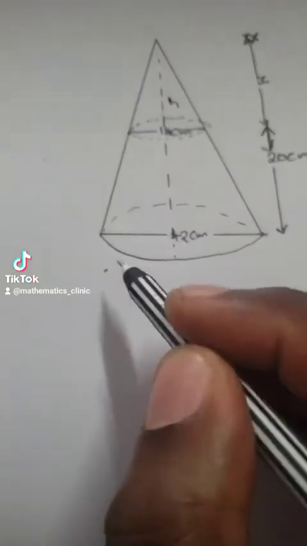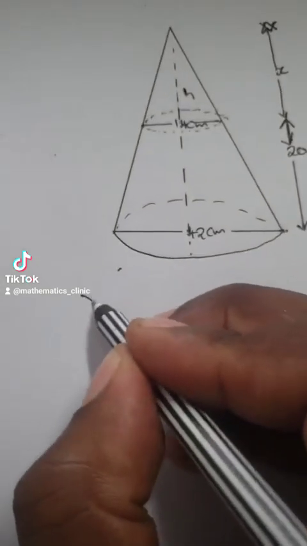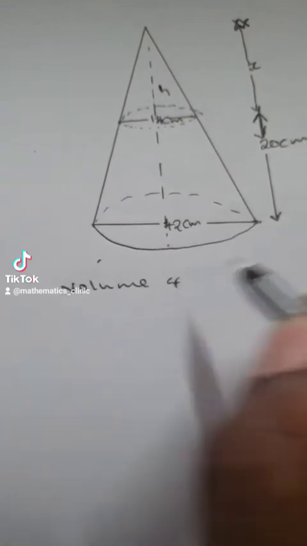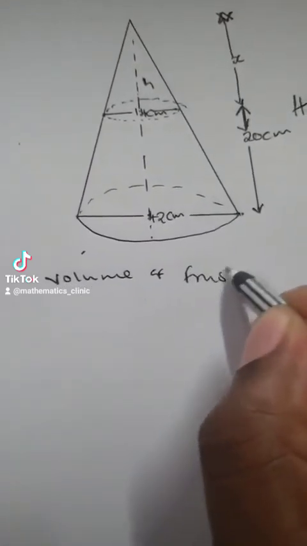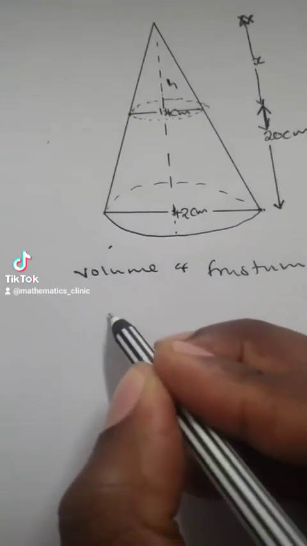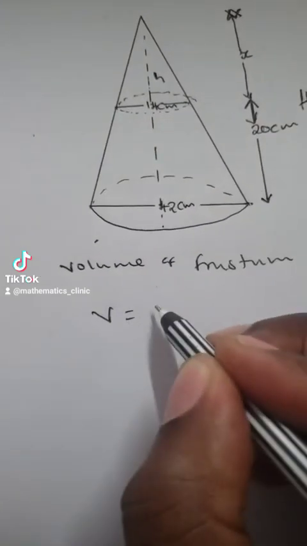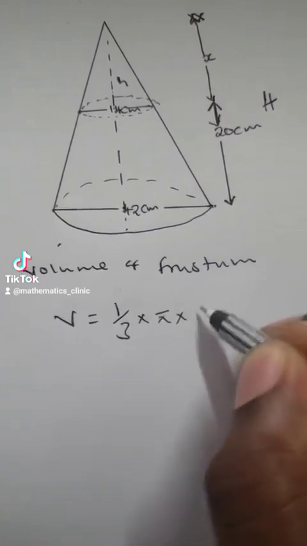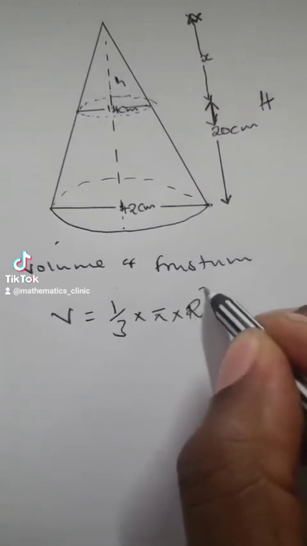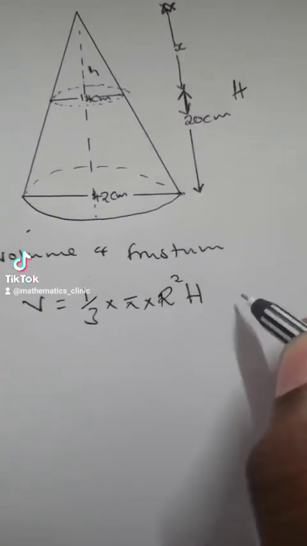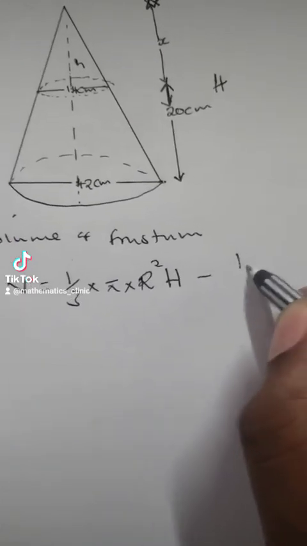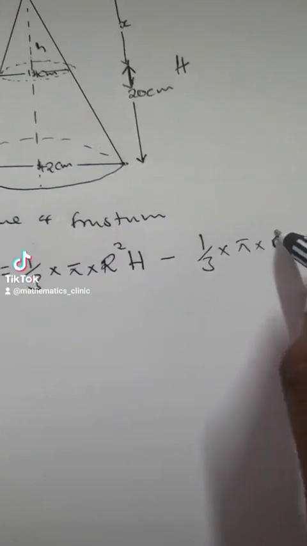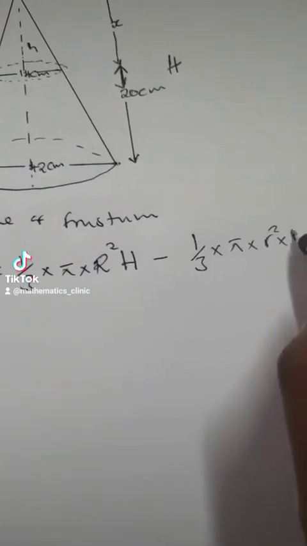Because our formula for the volume of a frustum is V equals 1/3 times pi times the bigger radius squared times the bigger height, minus 1/3 times pi times the smaller radius squared times the smaller height.